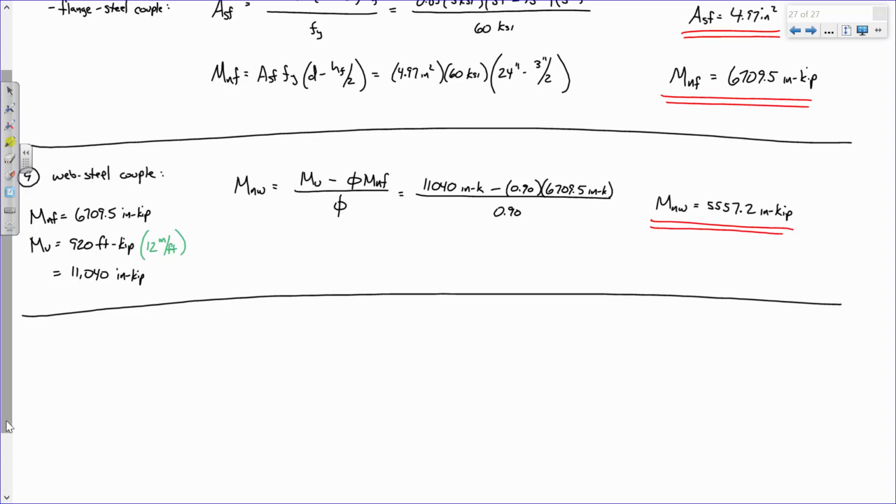Now what I want to do is determine how much steel we need for the web steel couple. Now I know I need this much capacity out of the web steel couple, so this, I don't want to say it's the last step because it's not, but I'd say it's the last rigorous step in our design, is to compute ASW.